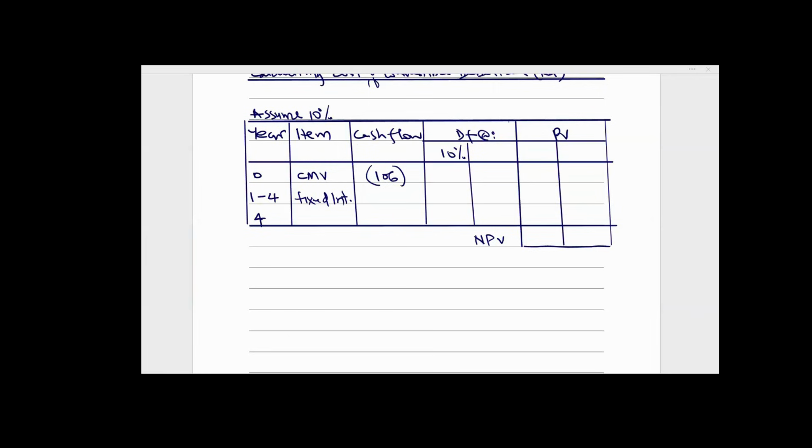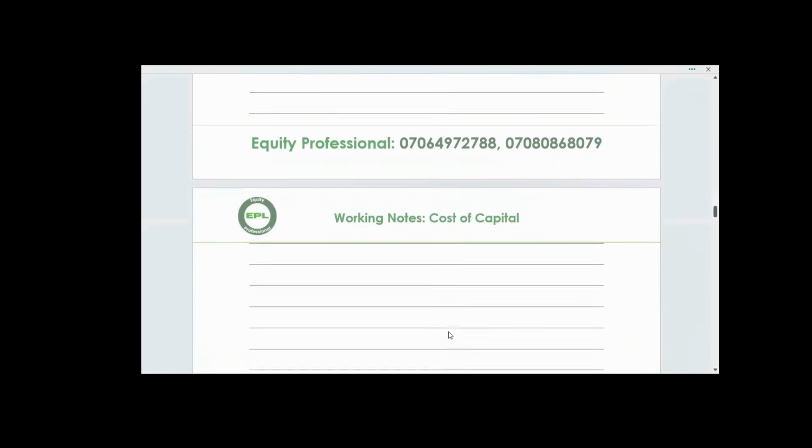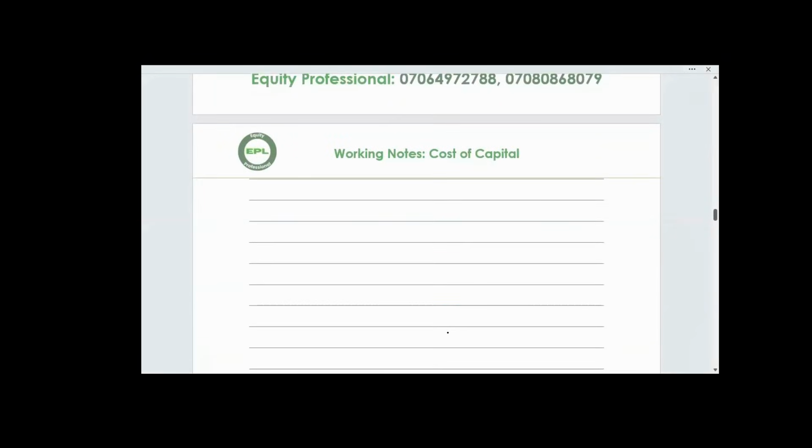Before I put down the interest, I need to confirm from the question if I'm given tax rates. In this question, we have been given a tax rate of 40%. That means I cannot use 10. I have to calculate after-tax interest. So I will do my working here. Working number 1, I want to calculate post-tax interest.